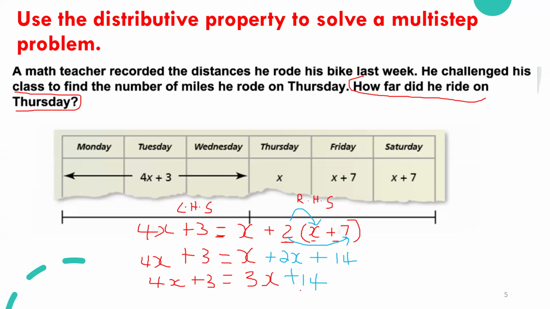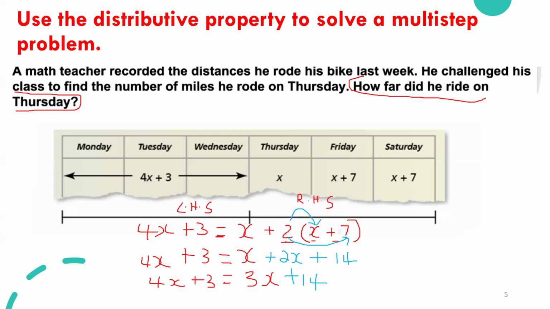Because remember, you are isolating the variable to find the value of x. So to do that, I normally remove my smaller variable term and put it where the larger one is. So I have a positive coefficient, because I don't like to work with negative coefficients. Therefore, I am going to move my 3x and put it where my 4x is.